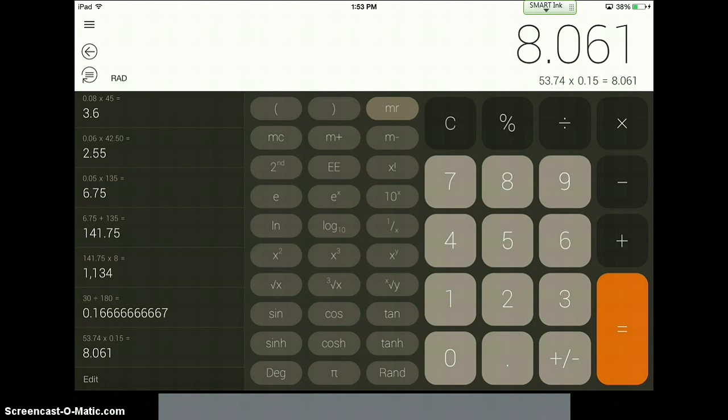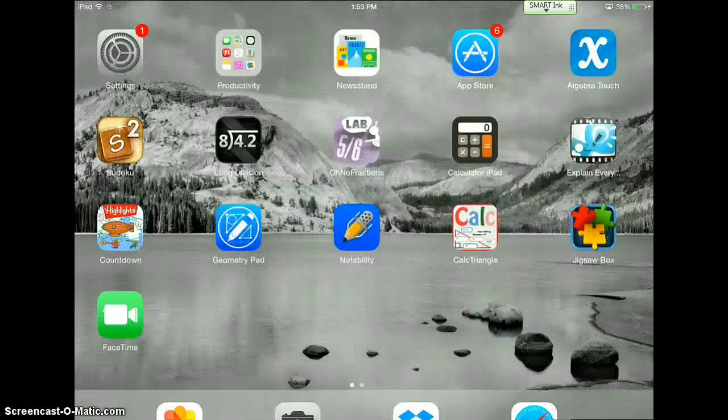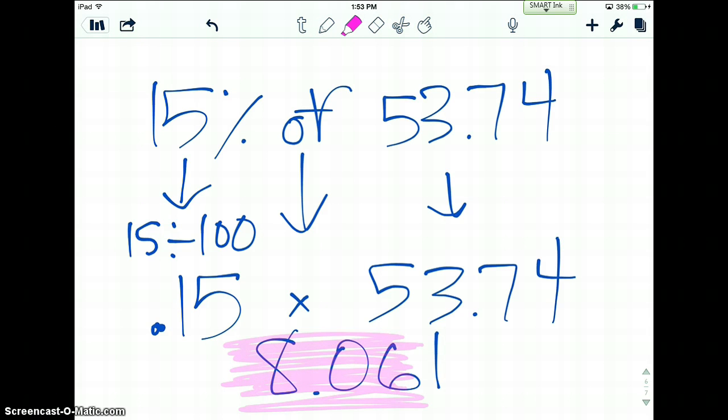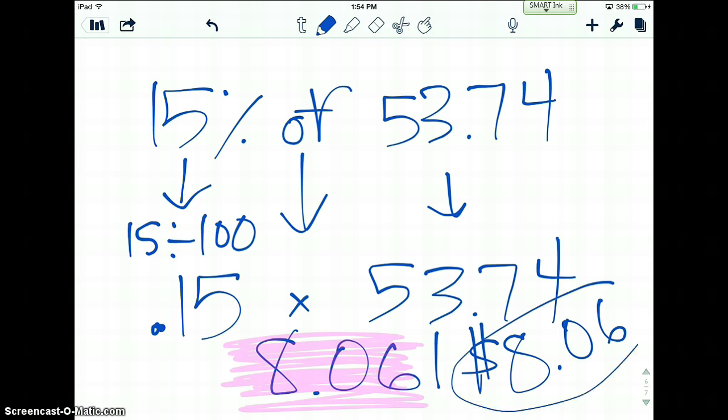There I have it, but now I need to round it to money. So I ended up at 8.061. But in money, I'm just going to go to the hundredth spot. So is that going to be $8.06 or $8.07? That is $8.06.